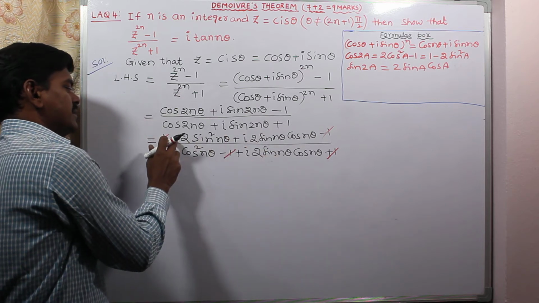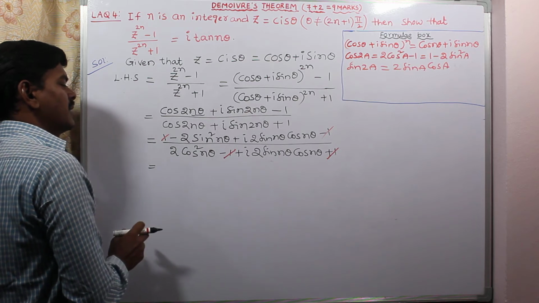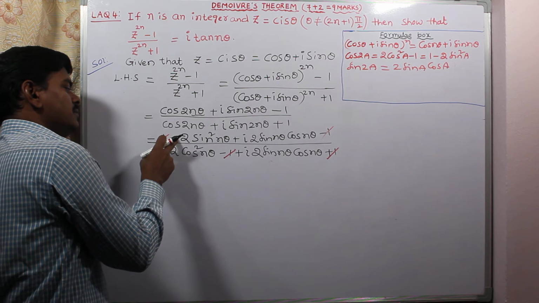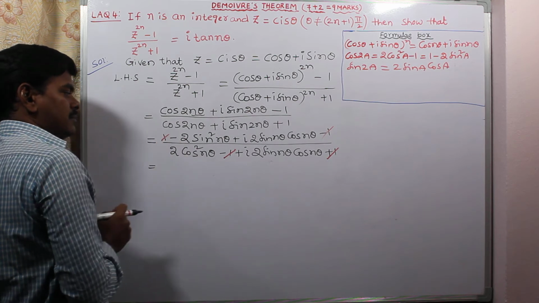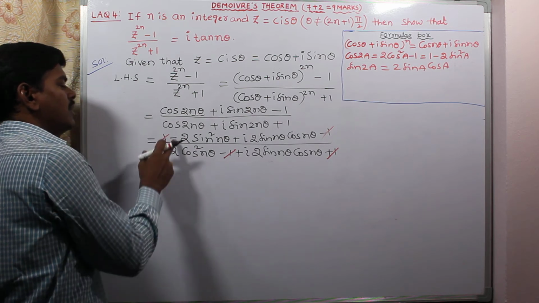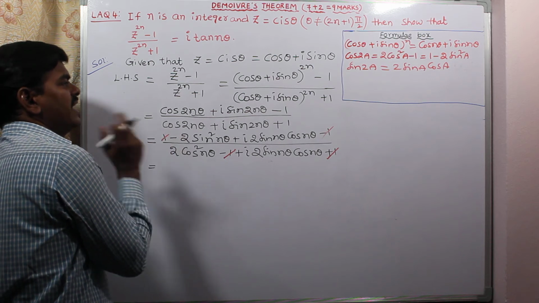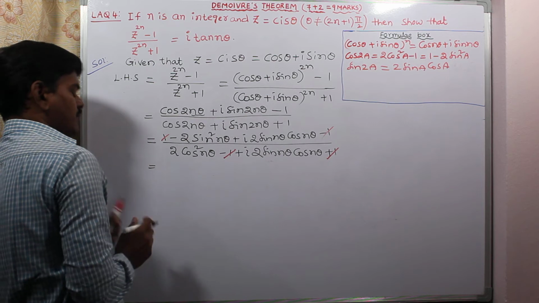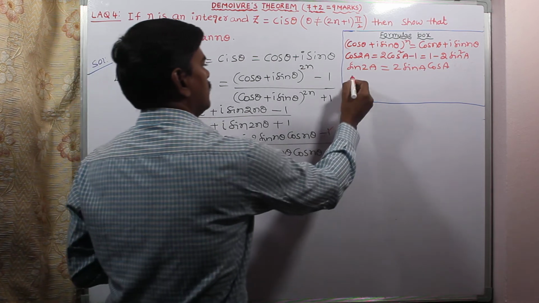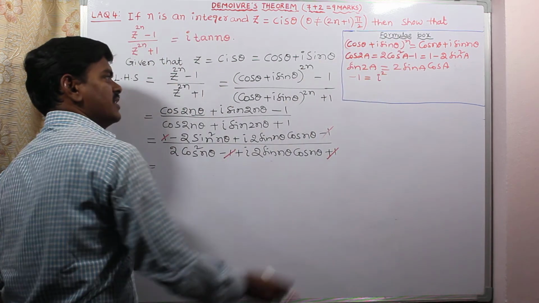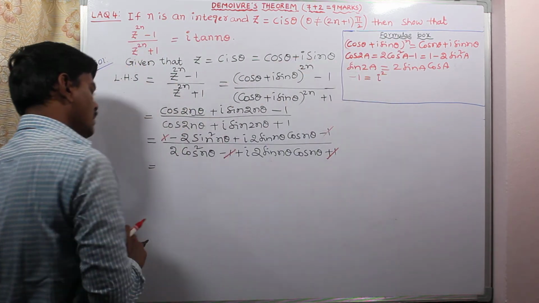This is a very important step, and this is how to remember it. In the required proof we see iota, so we want to introduce iota here. How can we introduce iota? You see here minus 2, which is nothing but 2 into minus 1. That minus 1 I would like to replace with iota square, because we already know that the value of iota square is minus 1.